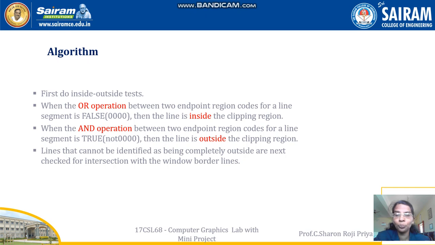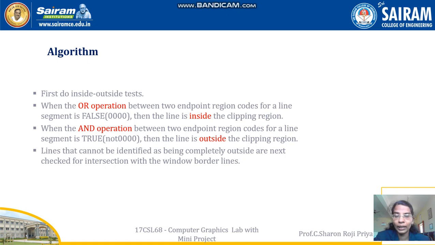And I have to find the endpoints of a line. To draw a line I need two endpoints, that is the starting vertex and the ending vertex, and I have to find in which region code these endpoints lie. Right, after finding this, I have to take the OR operation of the region codes of the two endpoints of my line.